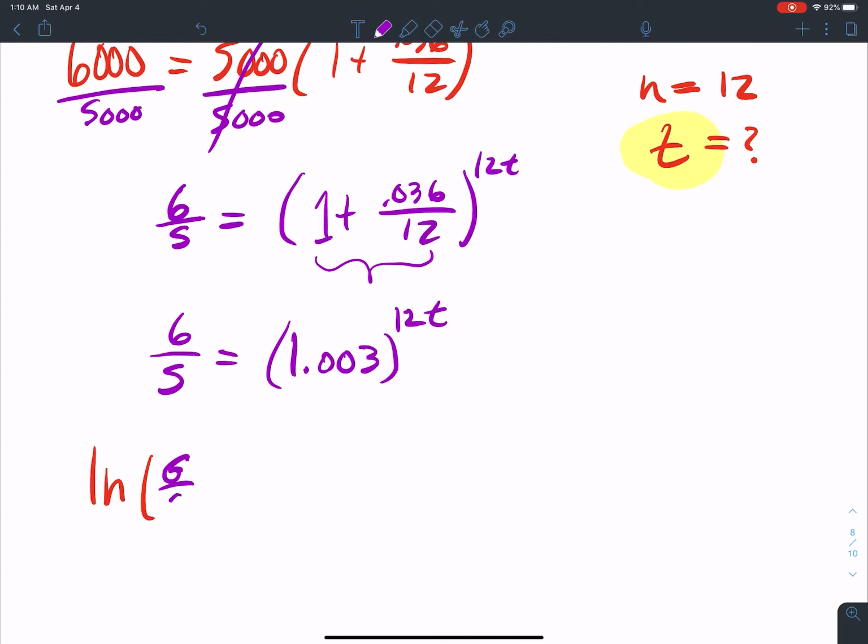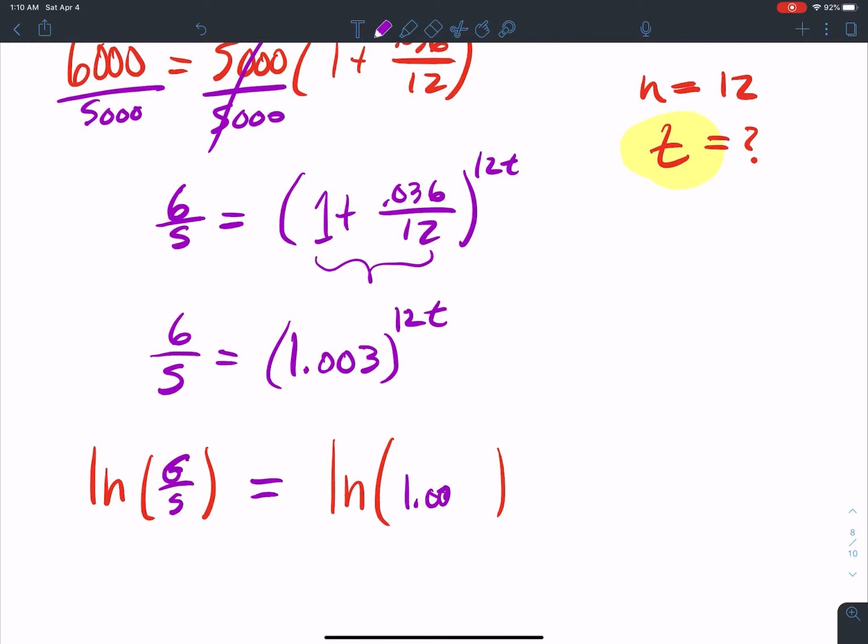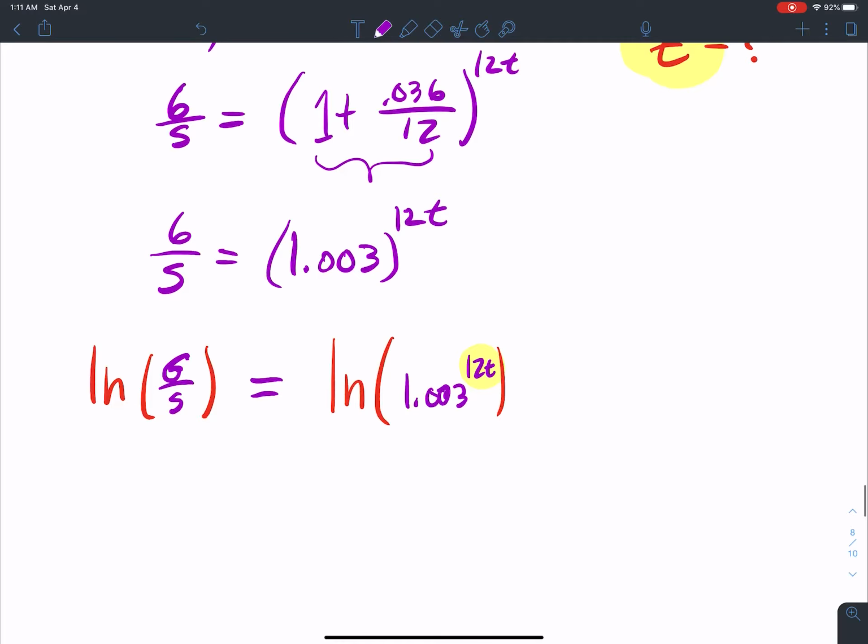The log of 6 over 5, and then this is equal to the log of all that stuff, 1.003 to the 12t. What happens to my 12t here? It comes out front. 12t multiplied by ln 1.003 equals ln 6 over 5.